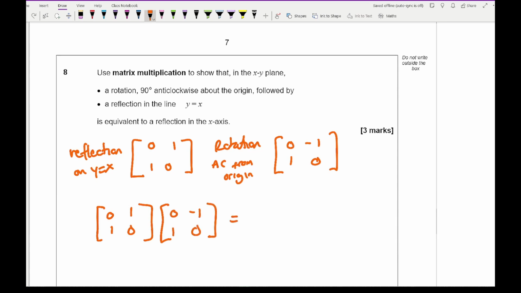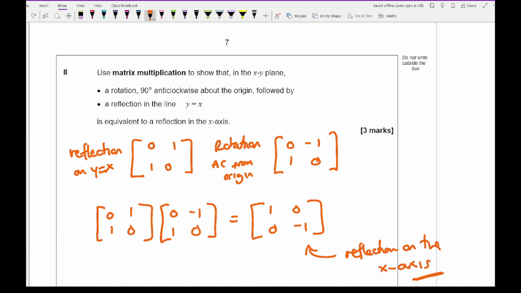And if we do the multiplication, what we end up with is 1, 0, 0, minus 1, which lo and behold is a reflection on the x-axis. And there we go for that one.